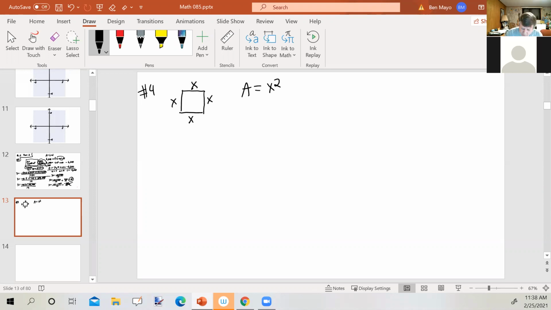Its perimeter would be 4X. Everybody okay with where I got those numbers? All right, it says its area exceeds its perimeter by 124. So the area is greater than the perimeter.